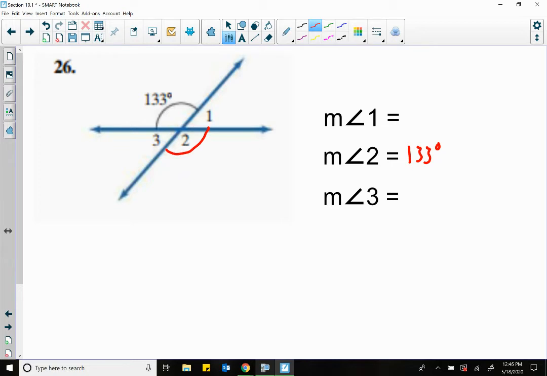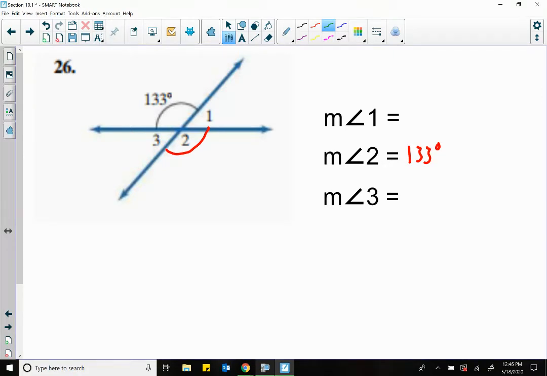So now we can work with 1 and 3. And it doesn't matter which one you find next, okay? Because they can both be found the same way. So I'm going to do angle 3 just to make you all mad, okay? So if I want to find the measure of angle 3, what are some things that I see?